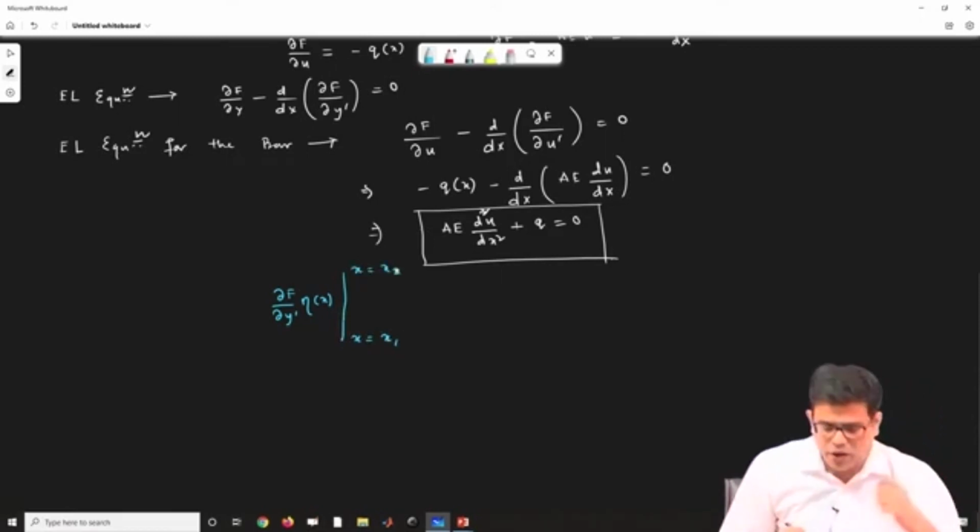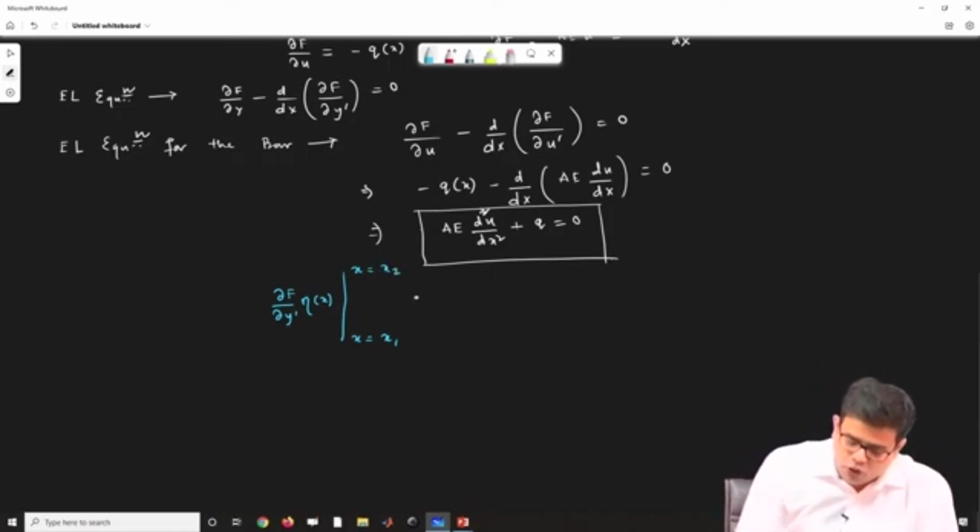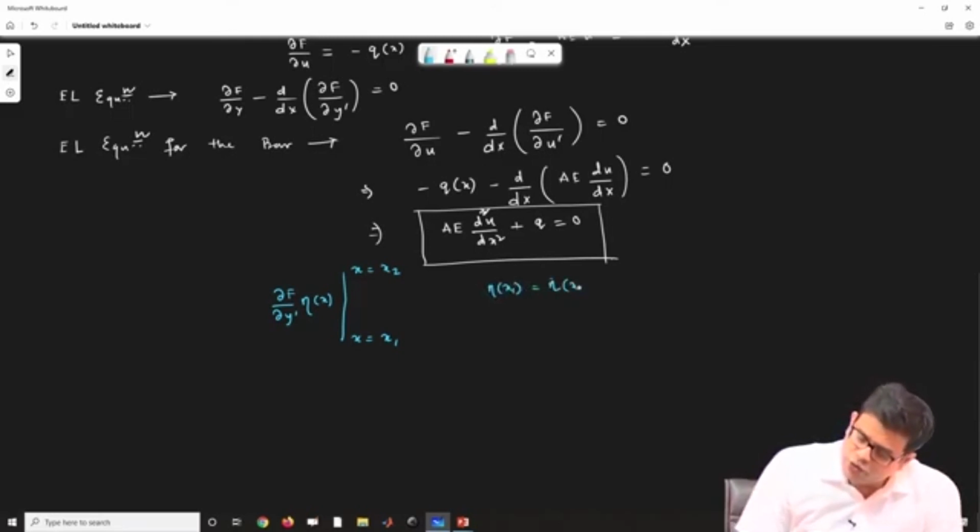This was our boundary term. We made it 0 because eta of x1 equals eta of x2 equals 0 for the Brachistochrone problem.